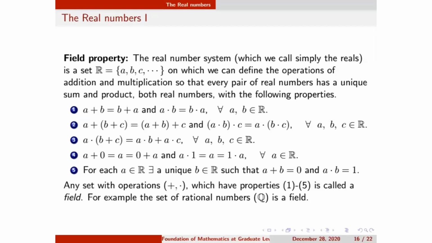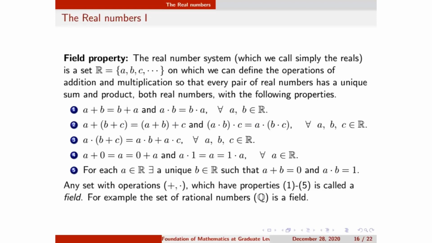And in the fifth, for each real number a, there exists a unique real number b such that a plus b is equal to 0. Suppose my a is 2, what would be the unique b such that when I add it to 2, I'll get 0? Clearly it will be minus 2. If I add 2 with minus 2, I'll get 0.